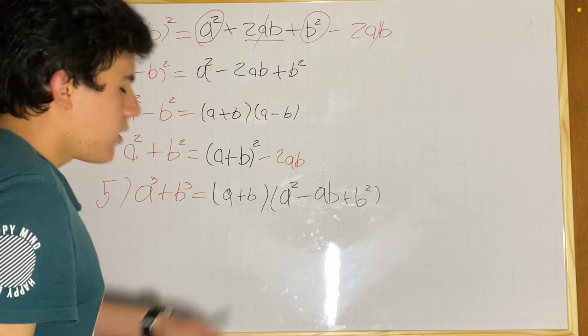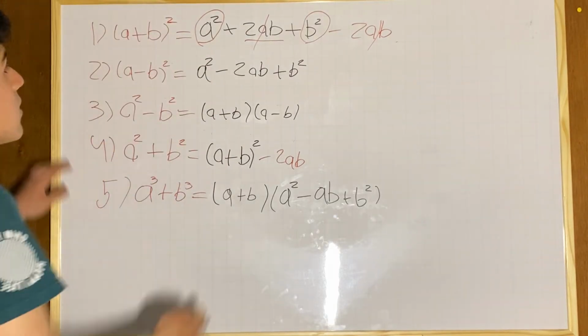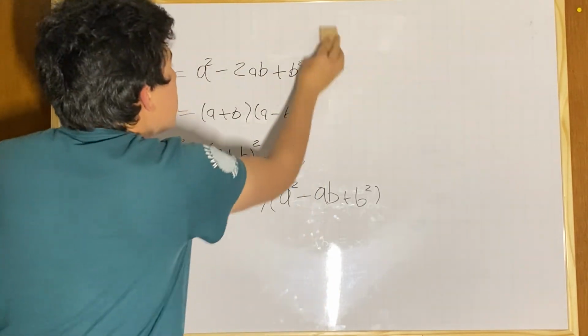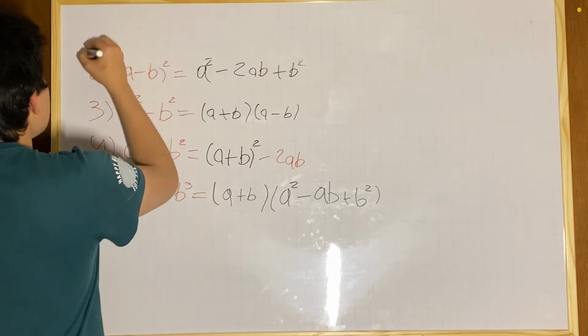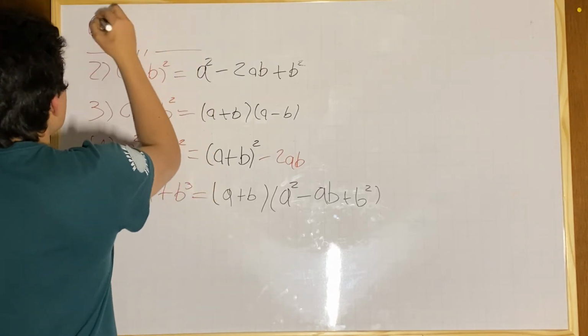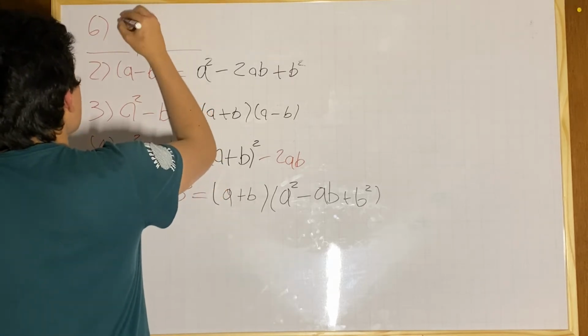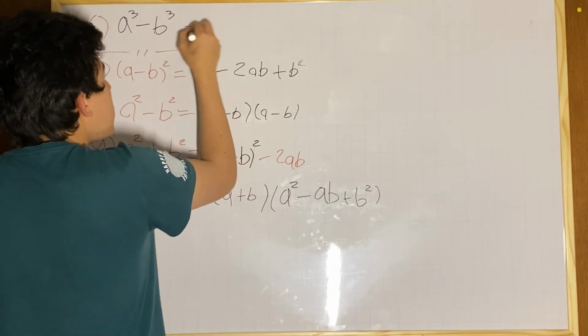Now, what about if we are subtracting? So let me do that here on top because I don't want to go down here. It's pretty annoying. So, yeah, let's go to 6 in here. So what if we have this expression, but now we're subtracting? We have a cubed minus b cubed.